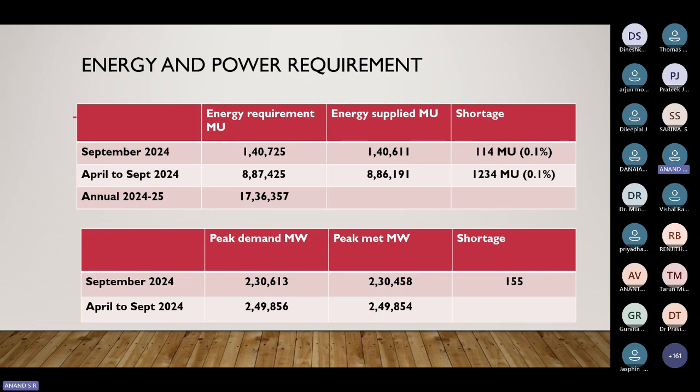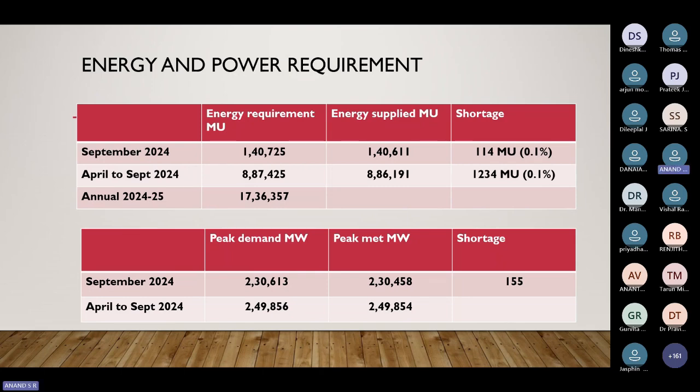Now, coming to the energy requirements, the position is a little better because energy consumption during daytime can be met through solar. But even then, the capacity in the other sector, that is in the conventional generators, especially coal-based generators, is being underutilized. For September, the energy requirement was 140,000 million units, and 0.1% of the energy requirement was not met across the country.